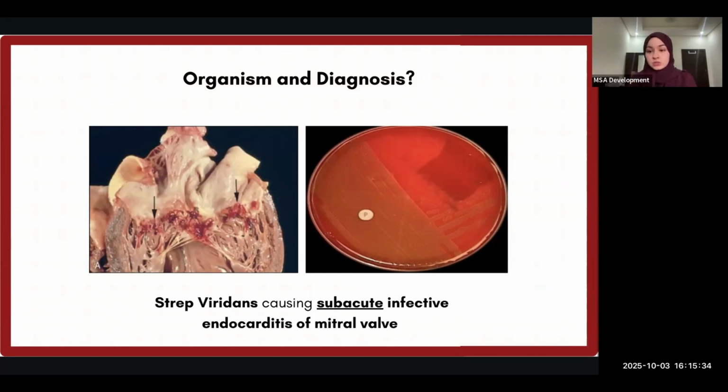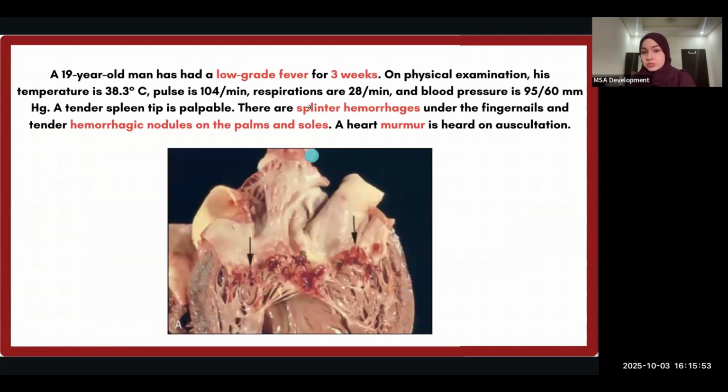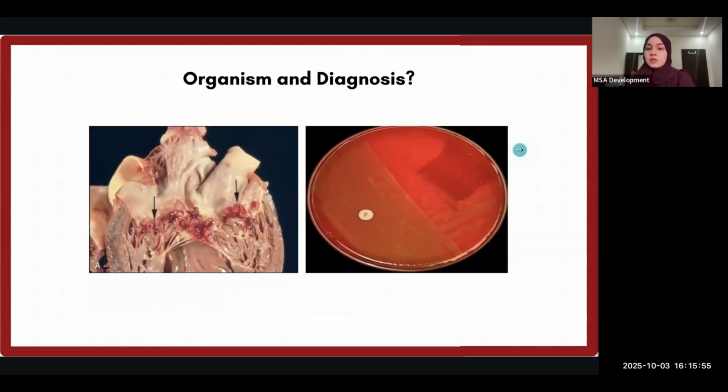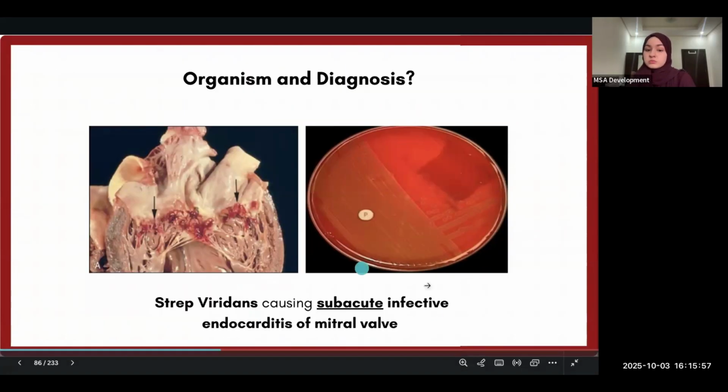Subacute meaning the symptoms are not that severe, you get more of a low-grade fever, and it's more long-term, so it does not happen in an acute period of time. Like Staph aureus, we saw it was within a few days. Strep viridans causes endocarditis within a few weeks, as you can see here, 3 weeks. And yeah, so we have the organism and we have the diagnosis.